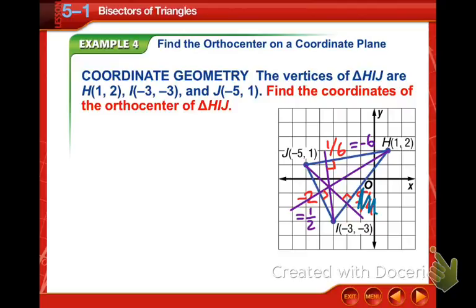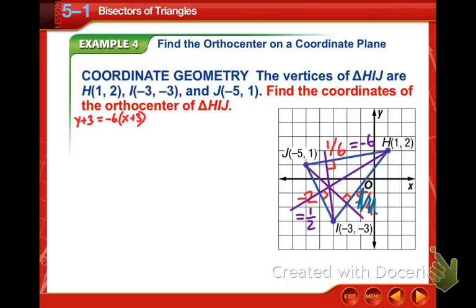So for our first one, y minus y1, let's say it's -3, so y plus 3, equal to, the slope of that line is the -6, times x minus x1, which is also -3, so plus 3.